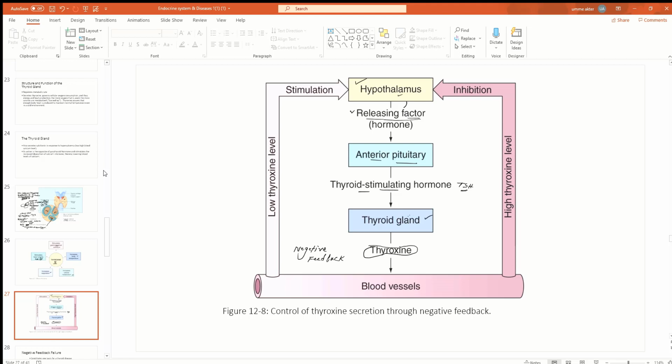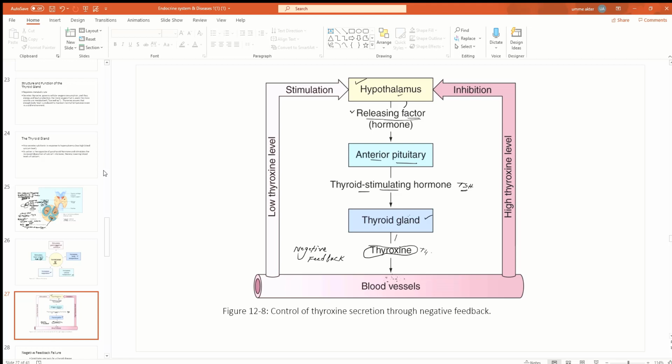And it will cause the release of thyroxine from the thyroid gland, and that will be secreted into the blood, because we know that endocrine hormones are secreted or released into the blood.